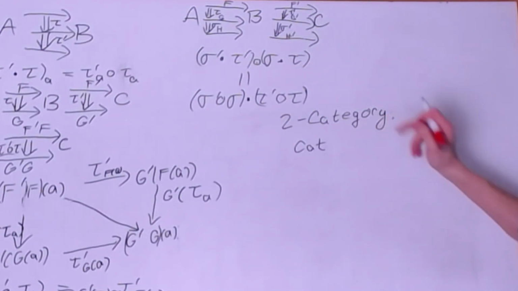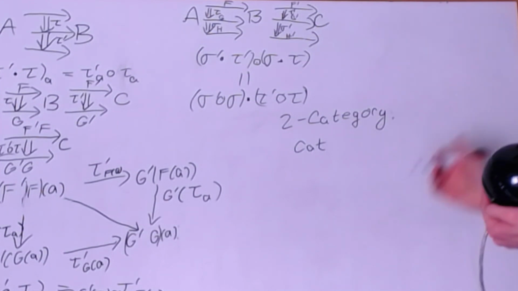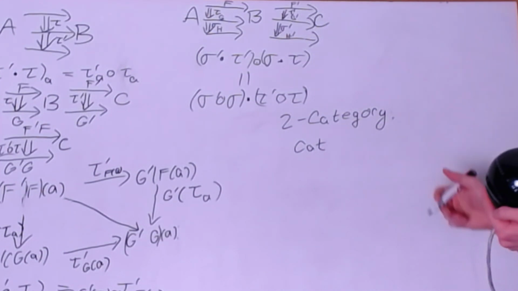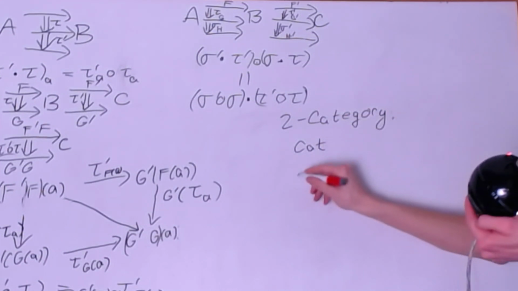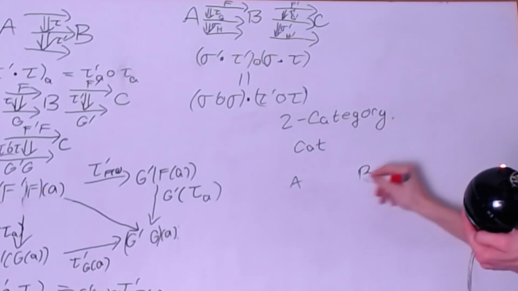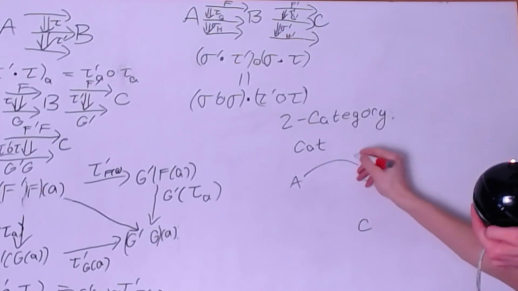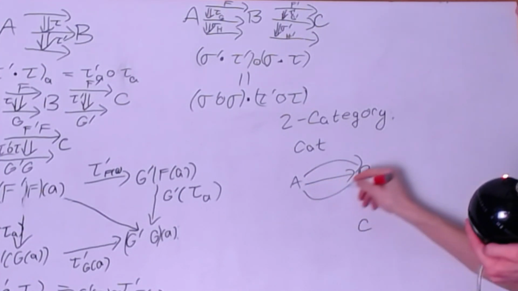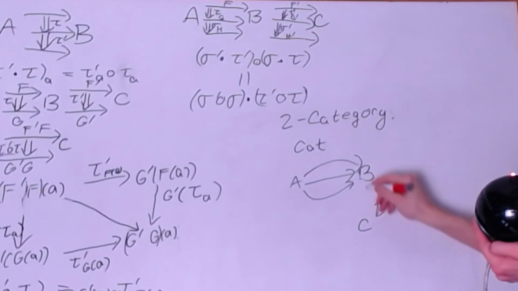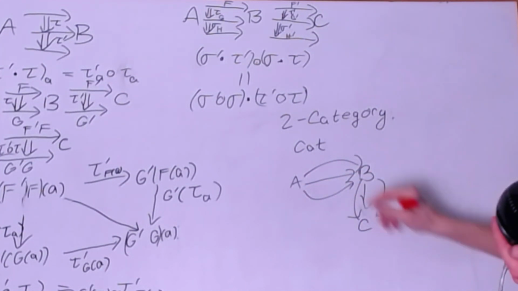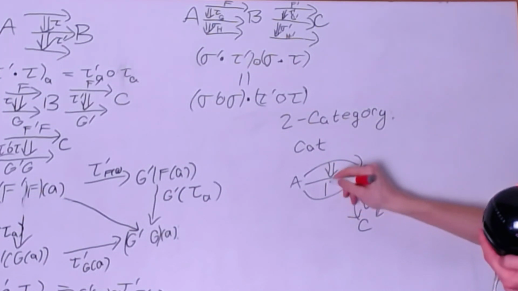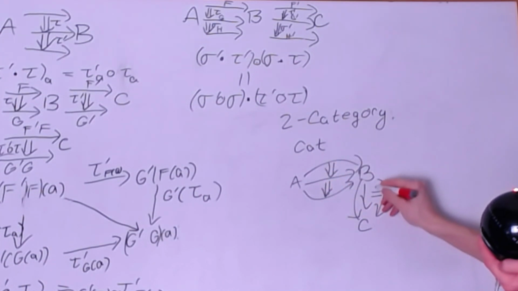So a two-category is like a generalization of the category of categories, in that we have objects like A and B and C, and we have arrows between them, which are functors, and then we can have natural transformations between them, like this.